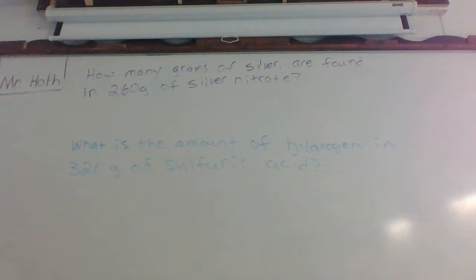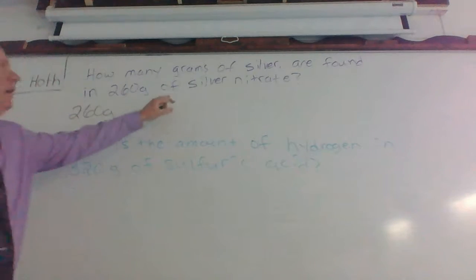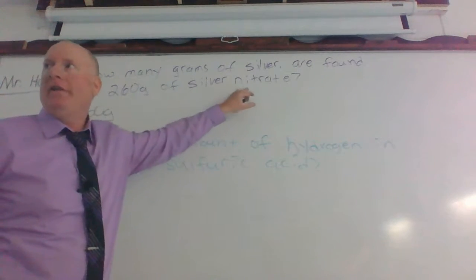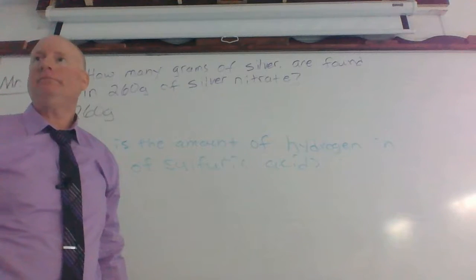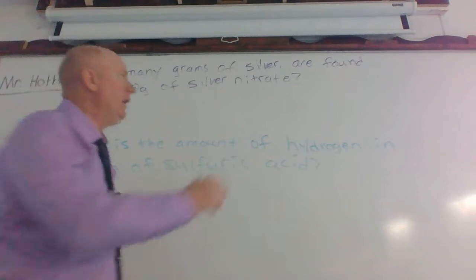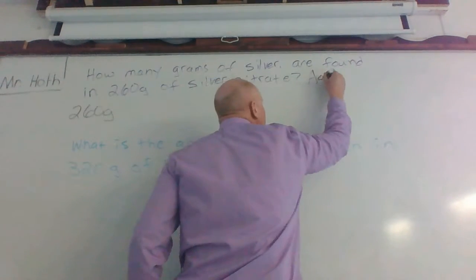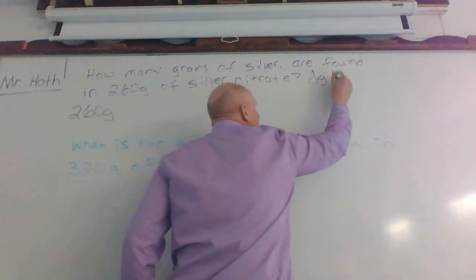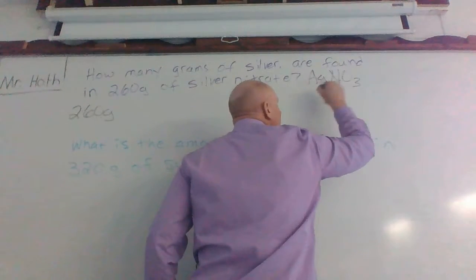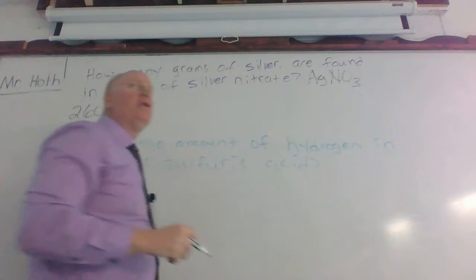How about you point us in the right direction? You tell me what to do. How do we start that? Well, from prior knowledge, what's silver nitrate? Okay, Ag. Now, of these two ions, what should you start with?